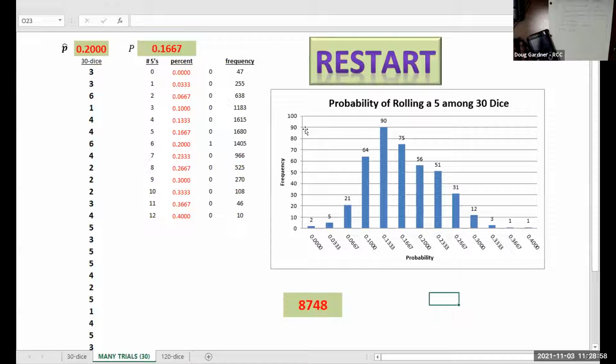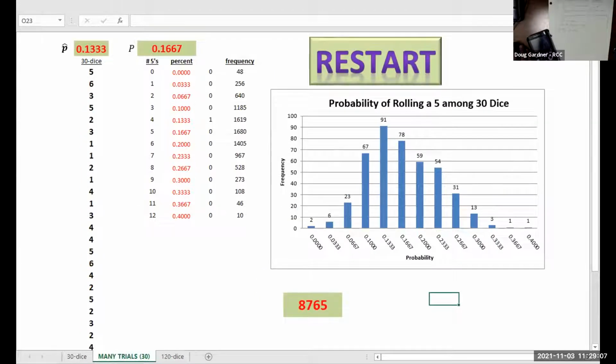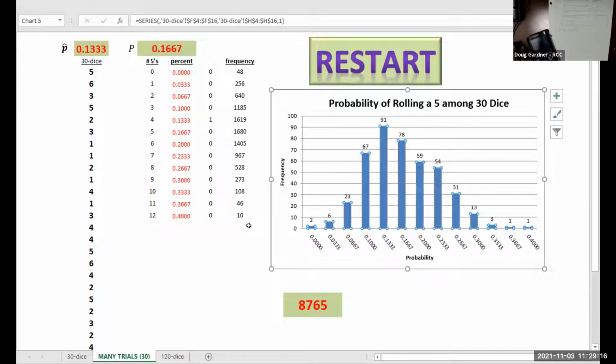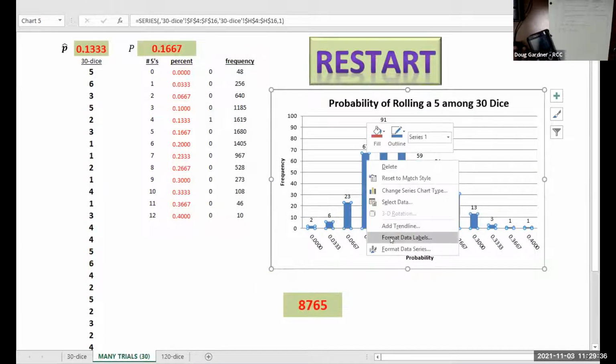Thought I saved that with 8,000 trials on it, but obviously I did not. Is this one reading from that one somehow? Let me fix this really quick. Actually, I'll tell you what I'm doing. What this is doing is actually reading its data from the other page. Does that make sense? I copied it over here. So I'm going to click on this. See where it's reading its data from these two cells right here on this page. I got to do the same thing over here. This one is select data.